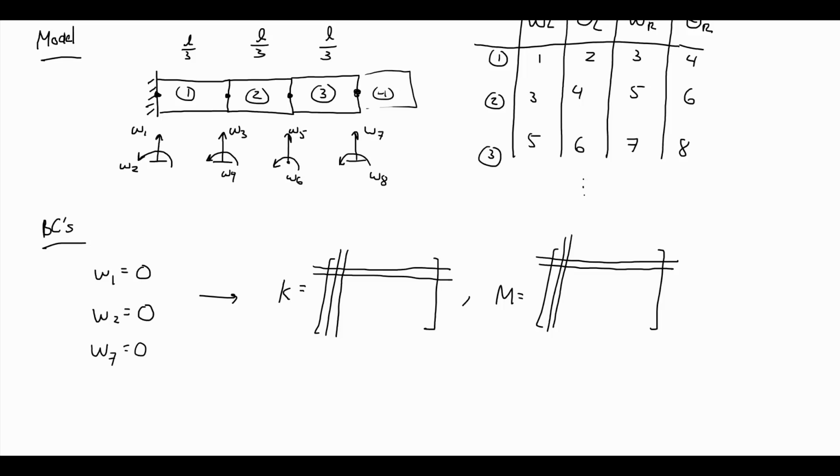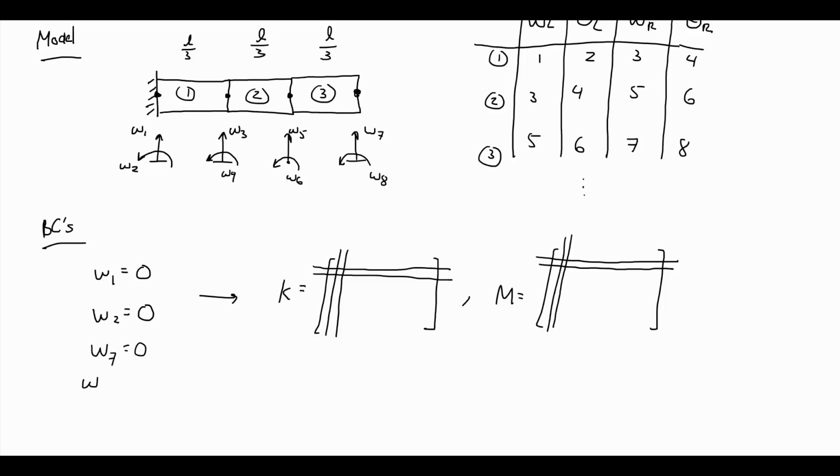Now, W1, W2, that's true. The 1st and 2nd are always 0. But it's not always the 7th one that's 0. But what we're going to see is it's always going to be really the second to the last one. So since W8 is an angle, and that can be non-zero, but W7 in this one is the displacement, but the second to last one in general.